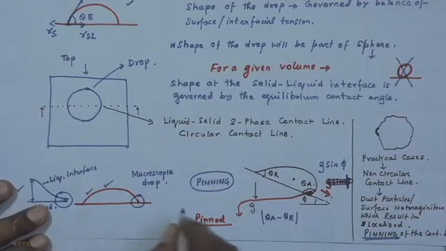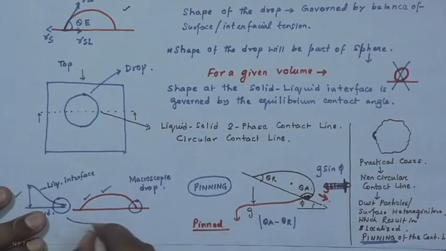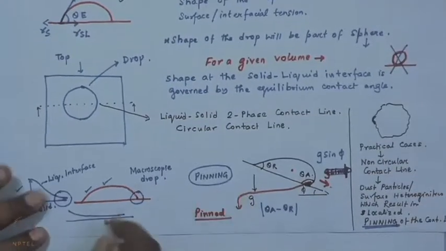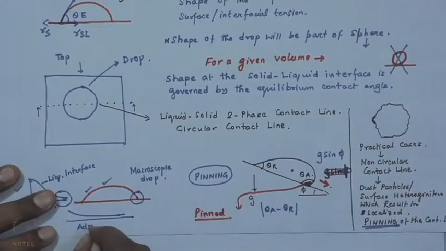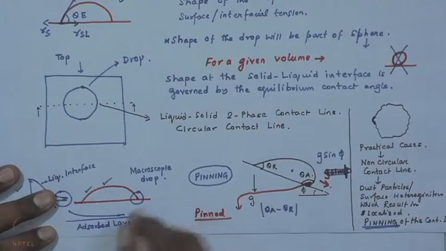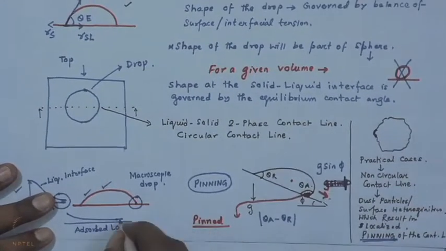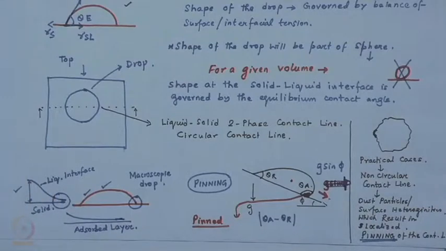At the point of contact it stretches, forming a very thin adsorbed layer ahead of the liquid meniscus, which merges with the substrate only at an infinite separation distance.